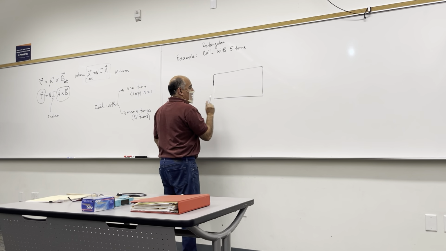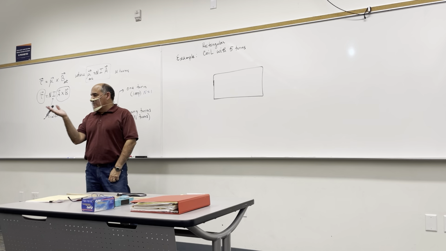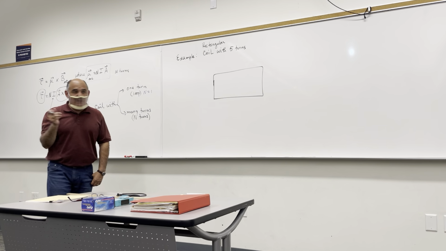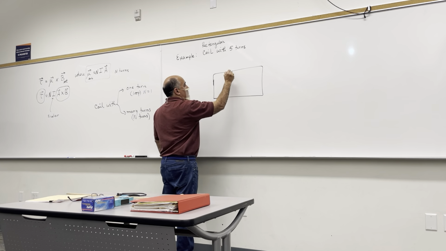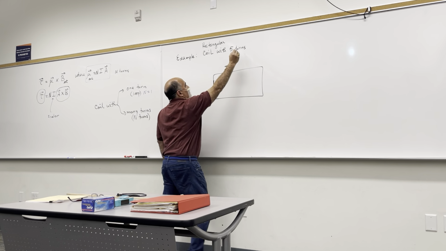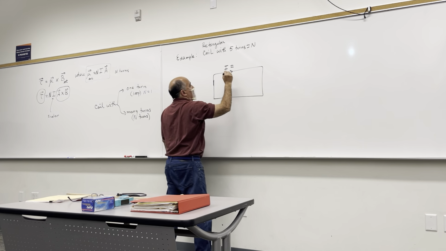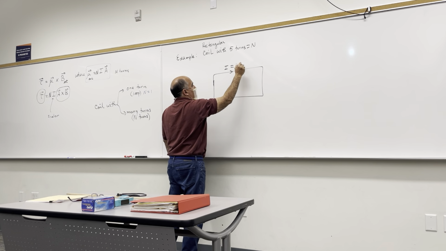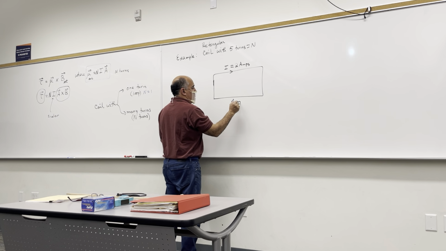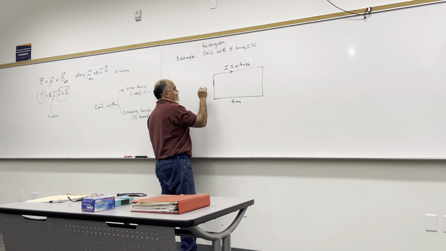And the current in it, I'll let you choose. What direction would you like the current to be, clockwise or counterclockwise? Clockwise? All right, clockwise it is. I'm going to pick a number here different from 5. So this is N. I'm going to make the current 2 amps. I'm going to make this length over here 4 meters and this length over here 3 meters.